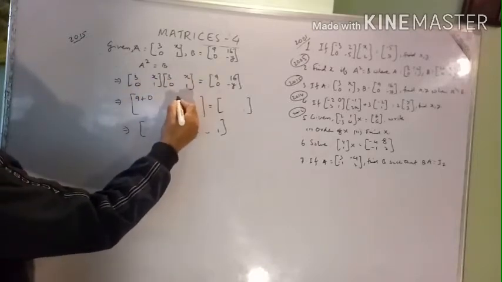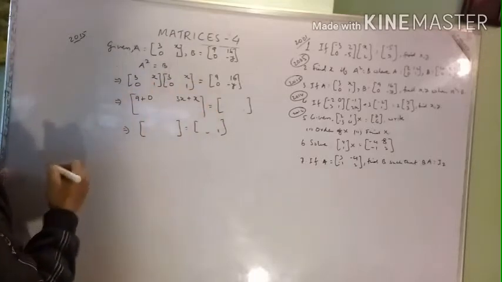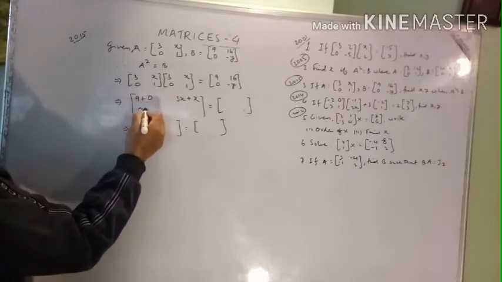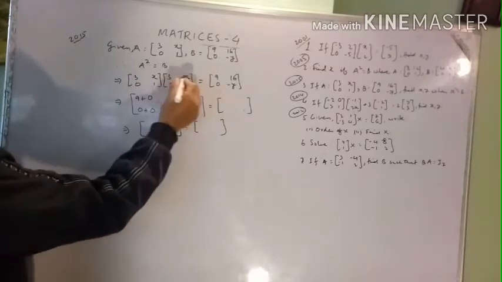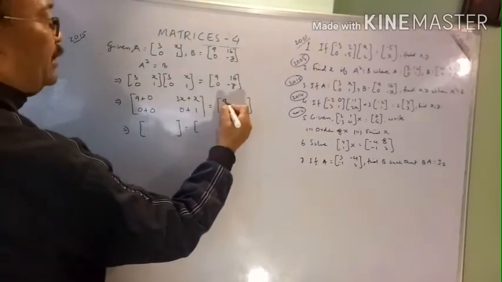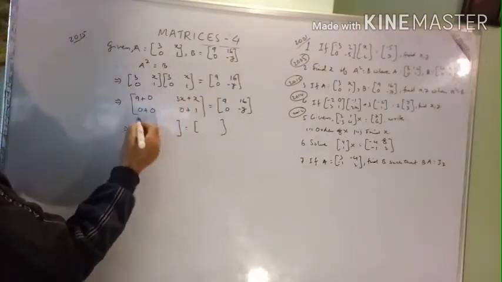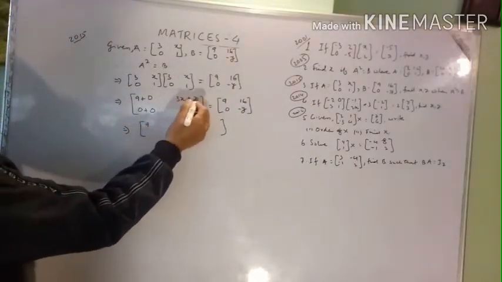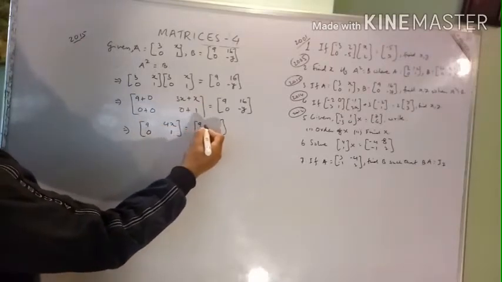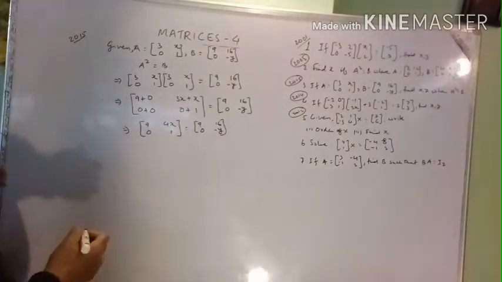So 3 into x is 3x plus x into 1 is x. Then 0 into 3 is 0, 1 into 0 is 0, 0 into x is 0 plus 1 into 1 is 1. So B is [9, 16; 0, -y]. Simplify here, 9 plus 0 is 9, 3x plus x is 4x, 0 plus 0, 1.